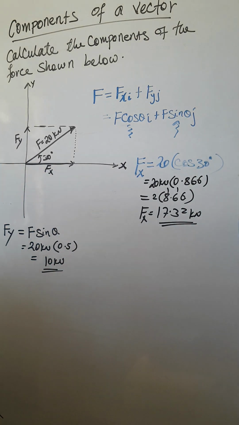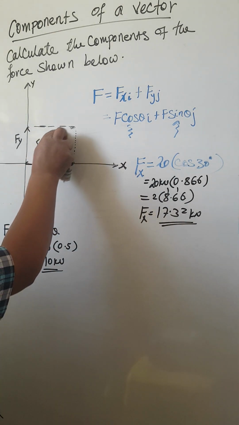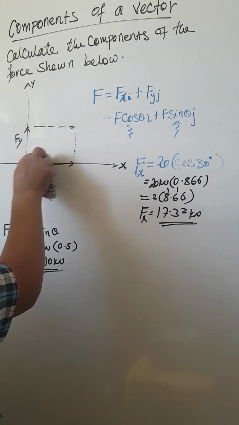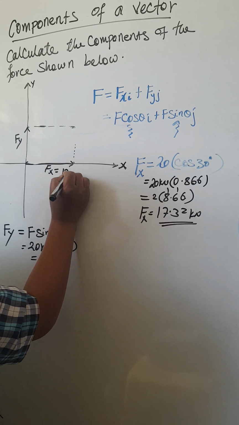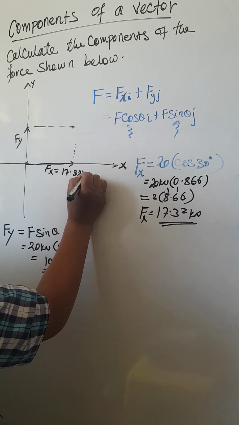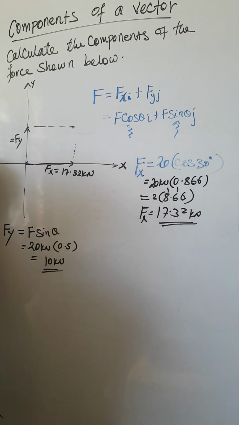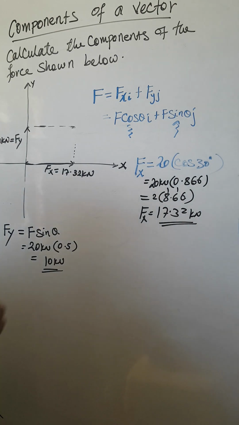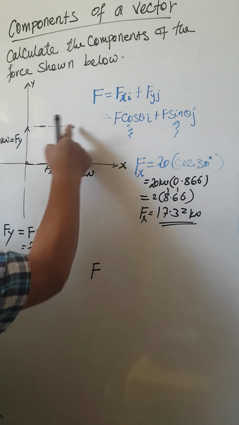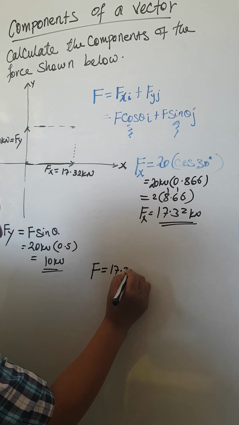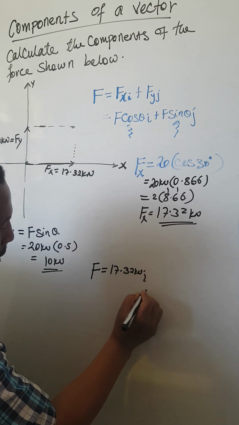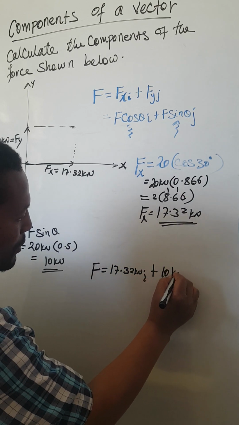So the force is resolved into x and y components. Fx is 17.32 kilonewton, and Fy is equal to 10 kilonewton. So the force which had been 20 kilonewton can be resolved as 17.32 kilonewton along i plus 10 kilonewton along j.